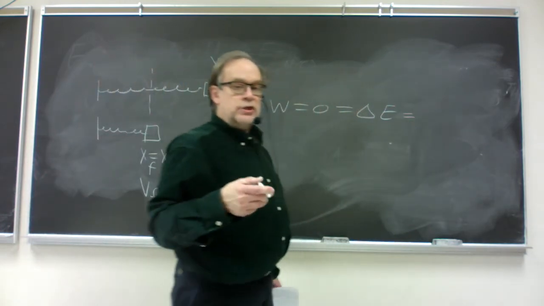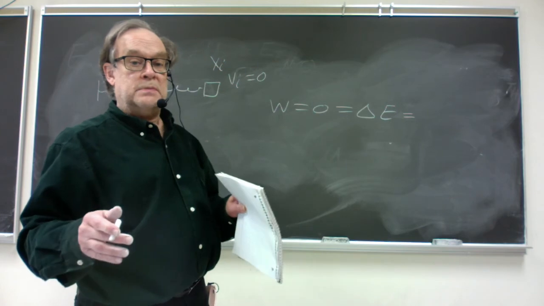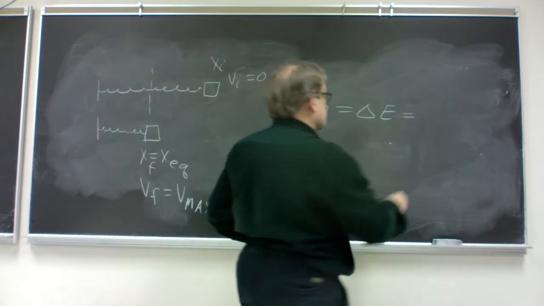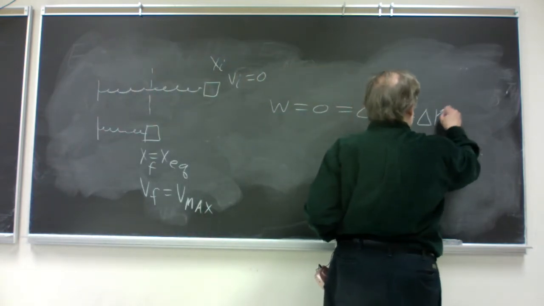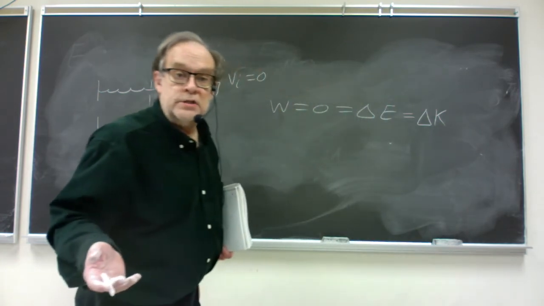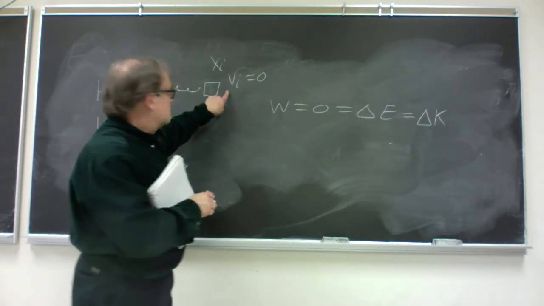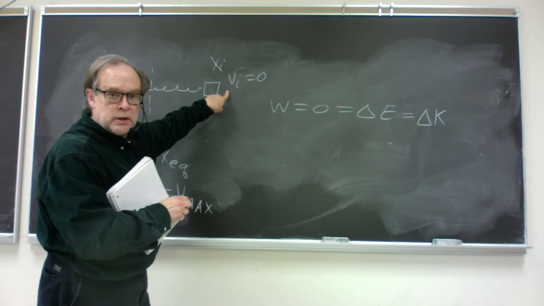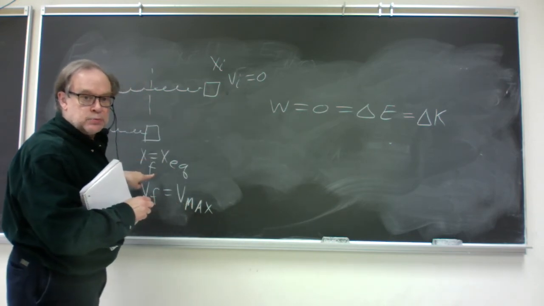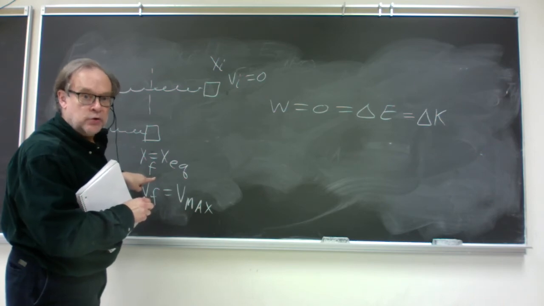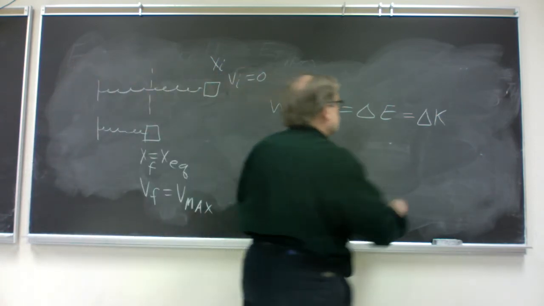But think about energy changes of the individual types of energy here. The kinetic energy increases because at the start of this process, there's no speed, so no kinetic energy. At the end of this process, there is speed, so there is kinetic energy.